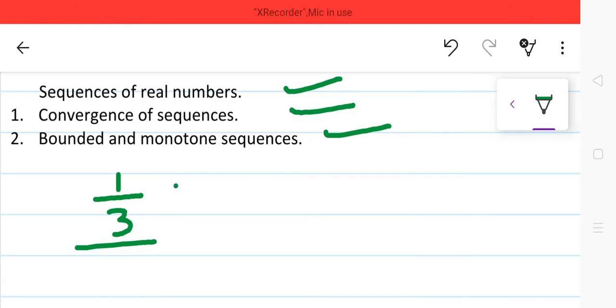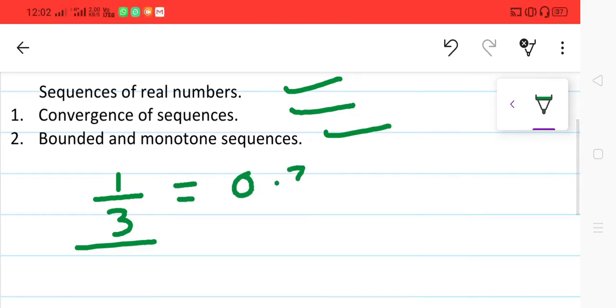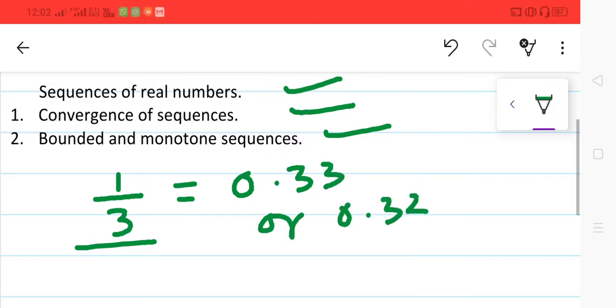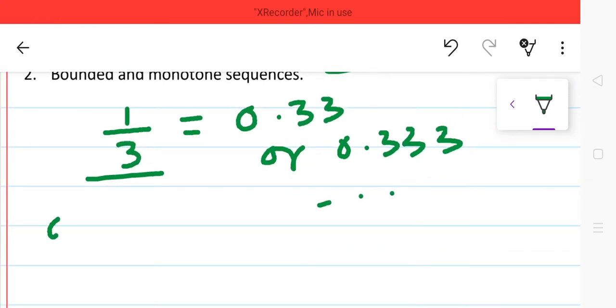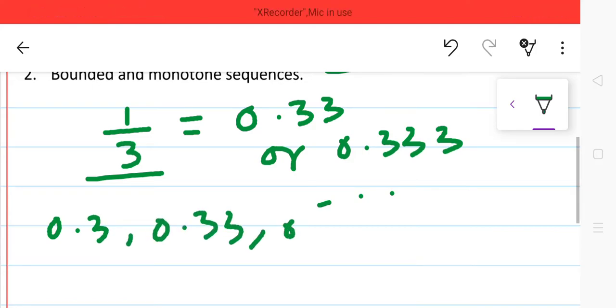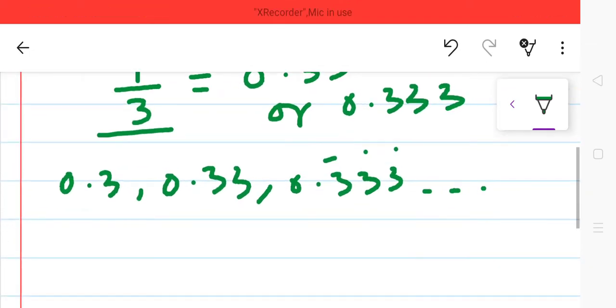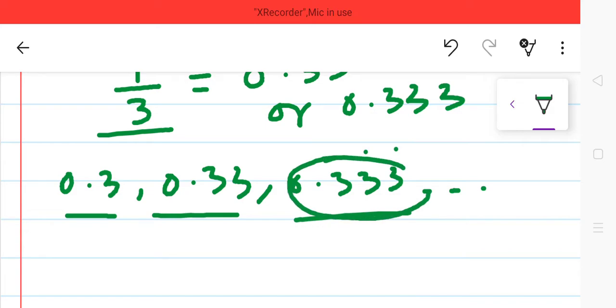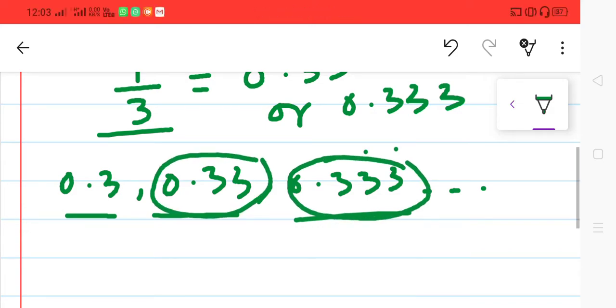It means that you can write it as 0.3, 0.33, 0.333, and so on. These things are approximating 1 by 3 more closely. This is the closest approximation, this is less. So the idea behind the sequence lies in these things.